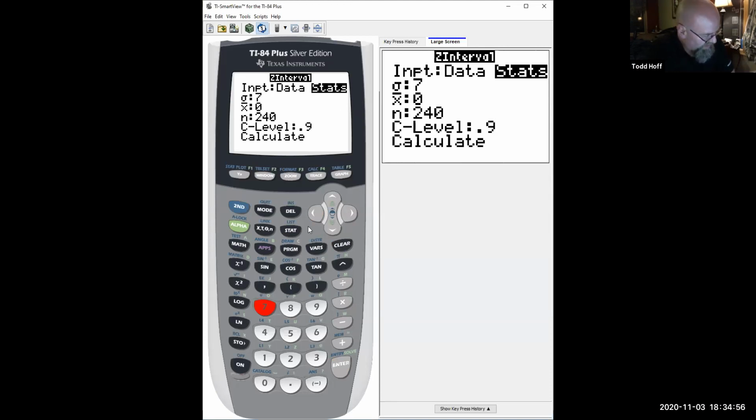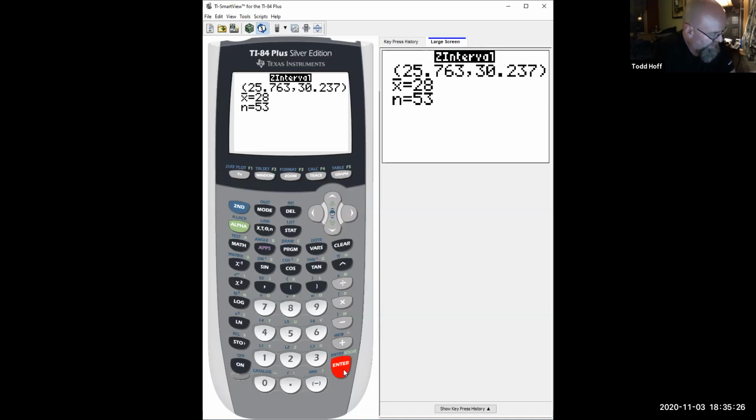So we're going to stick with statistics as our option there. This is our population standard deviation. We said that's known to be 7, so that's correct. X bar is our sample mean, that's 28. N is our sample size, there's 53 items. Confidence level, 98%, so 0.98 we put in there. And we hit calculate, we get 25.763 to 30.237.